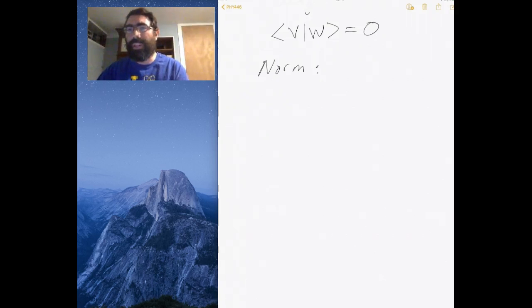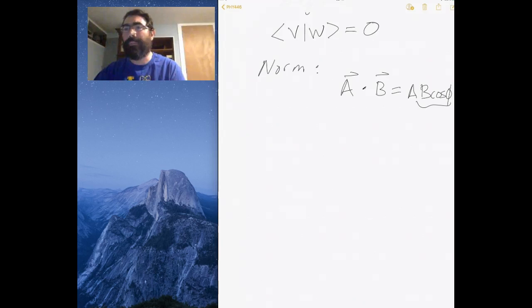Again, we're kind of used to that. If we take two geometric vectors a and b, and then we take the dot product, then what we're really doing is getting some length of a along b.